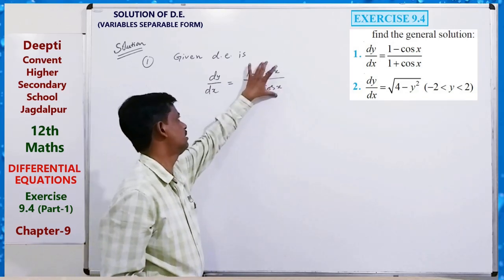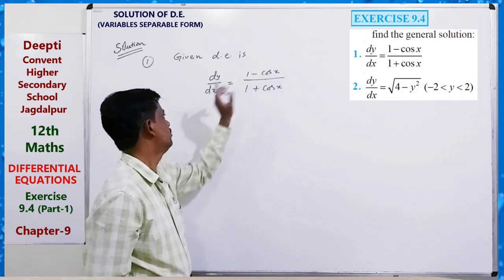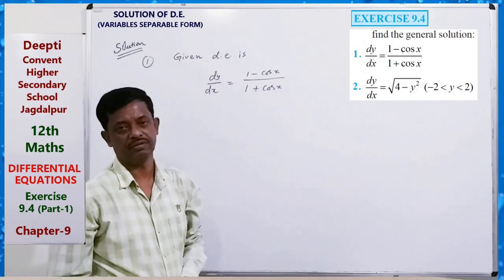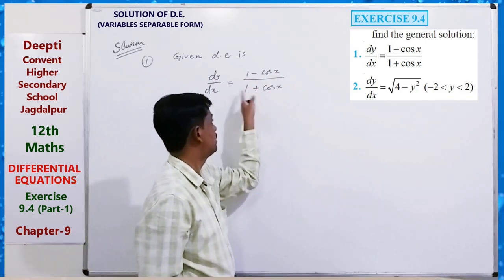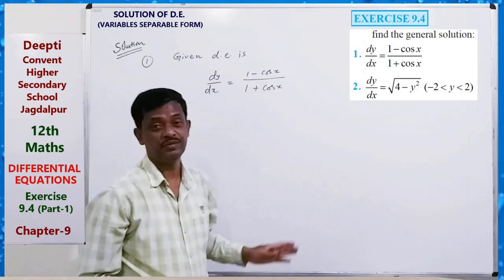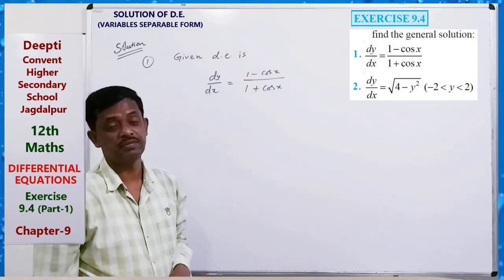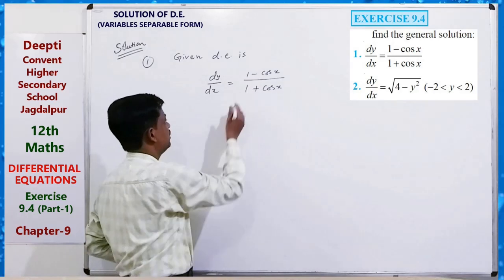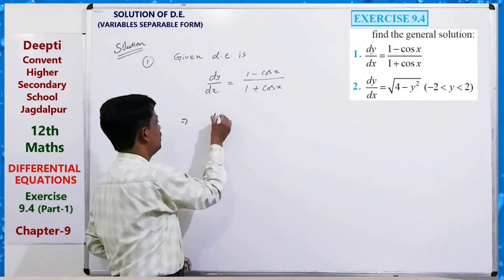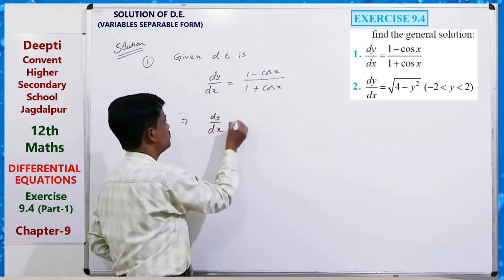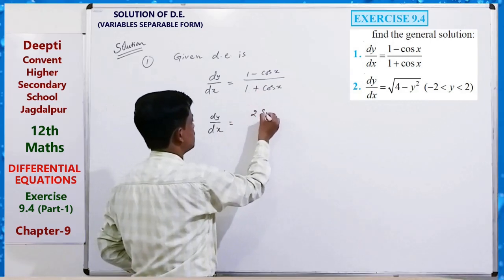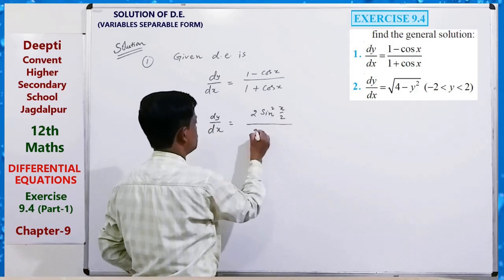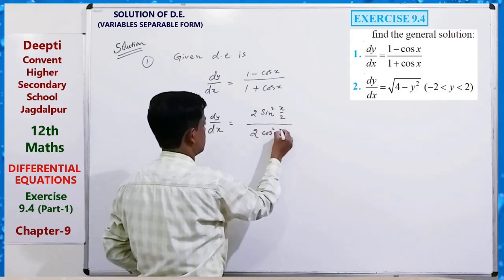This complete function of x can be taken with dx. We can solve it, but here we have a trigonometric relation, and we know it can be simplified very simply. dy upon dx equals 1 minus cos x, which is 2 sin square x by 2, upon 1 plus cos x, which is 2 cos square x by 2.